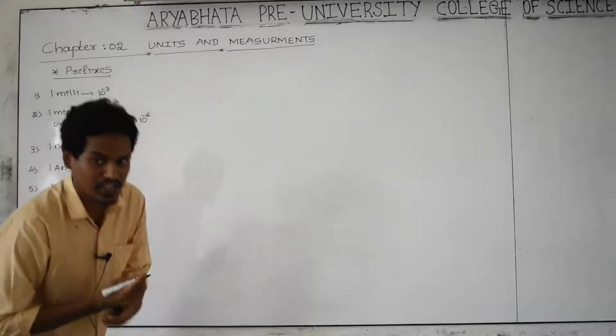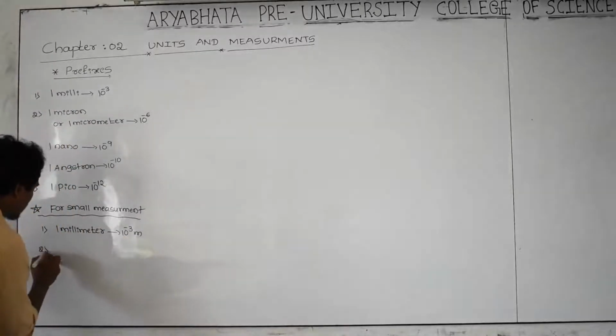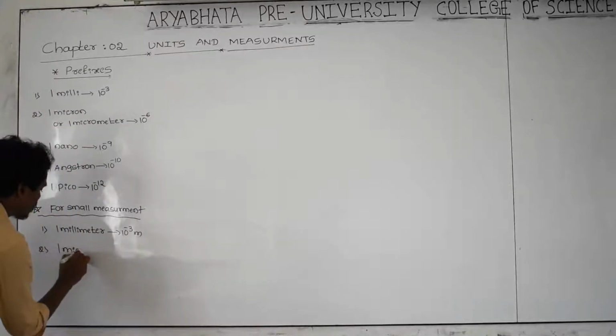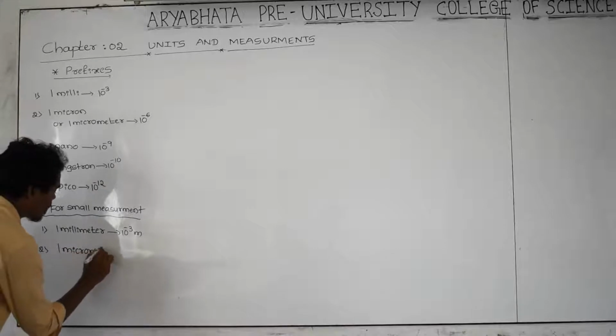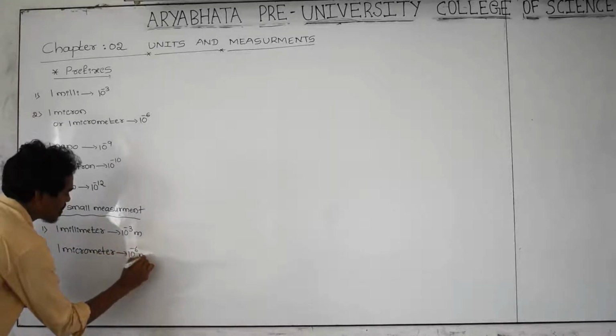For small measurements of distance, we use this one. The second one is 1 micrometer, or micron. This is 10 to the power of minus 6 meter.